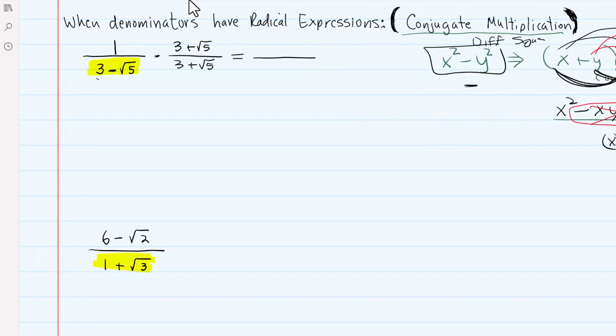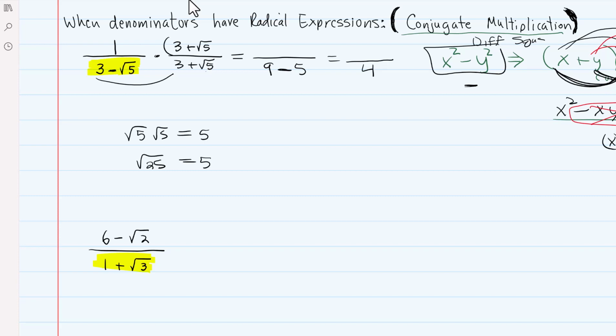So that's what we're going to do. We're going to multiply 3 times 3, which is 9, put a subtract sign. Then remember, root 5 times root 5, whenever you multiply a radical times itself, the radical goes away and it leaves the number, because think about it this way. Root 5 times root 5 is the square root of 25, which is 5. Well, now 9 subtract 5 is 4. Okay, so now we've taken care of the denominator.